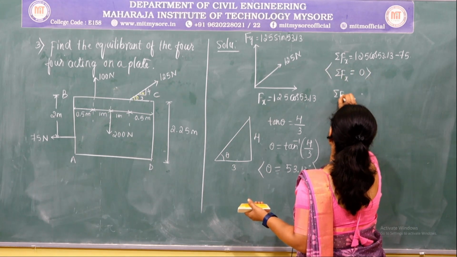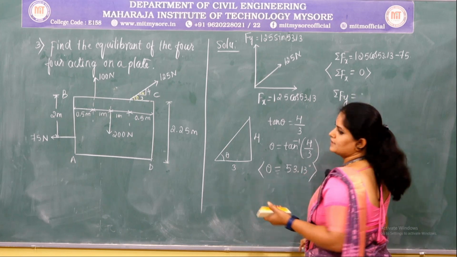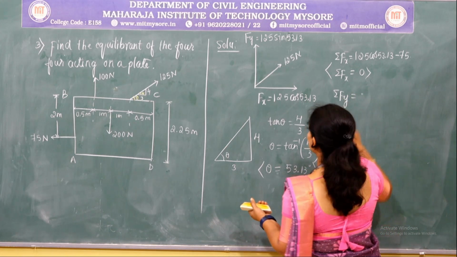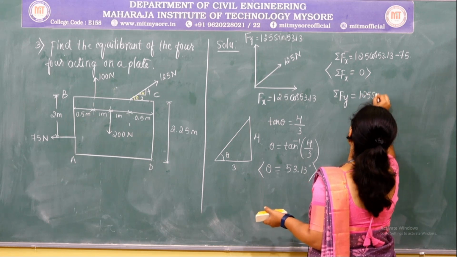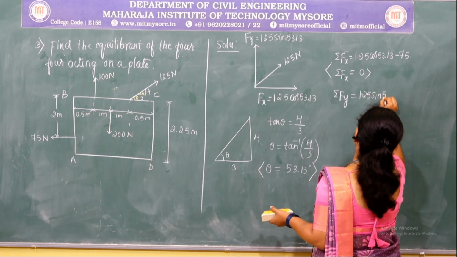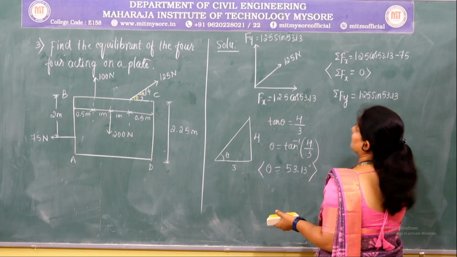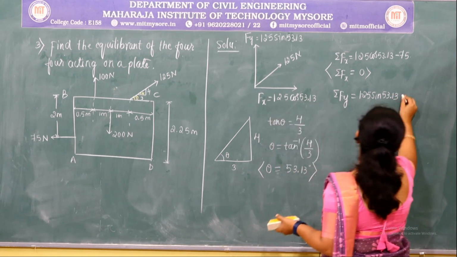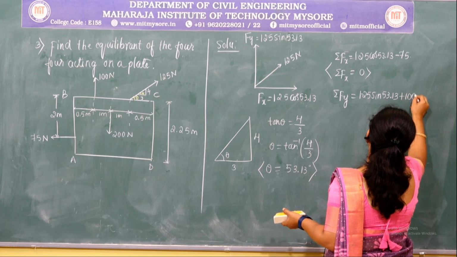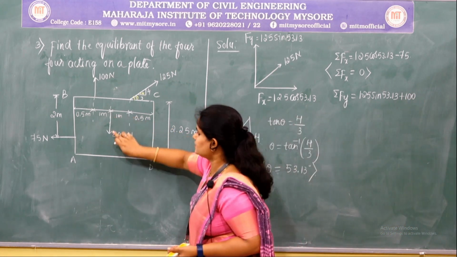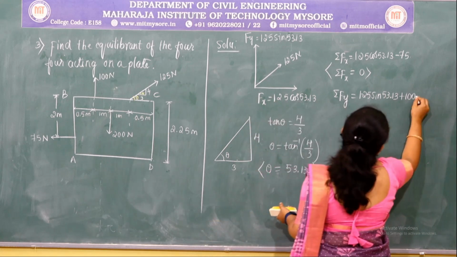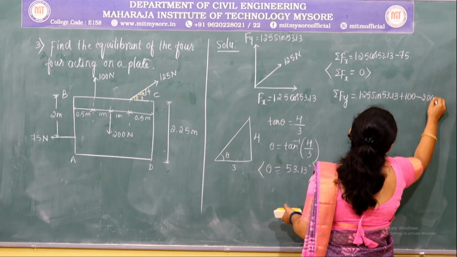Next, summation of Fy is equal to, let us take up the vertical component of this force, that is 125 sin 53.13. Second force is a vertical force, that is 100, which is acting vertically upwards, and the next vertical force is the 200 Newton force, which is acting downwards, that is minus 200.